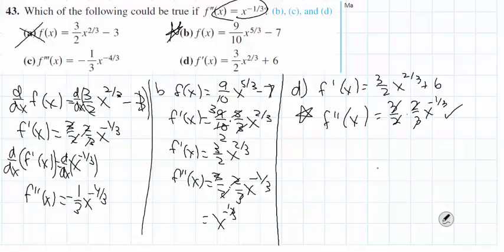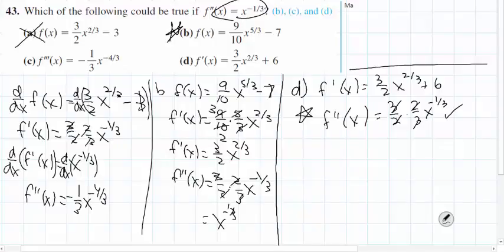Is C consistent with f double prime being this? Well, in this case, I want to go from a double prime to a triple prime. I'm going to start with what their answer is, and I'm going to take the derivative, and I'll get f triple prime of x is equal to, bring the power down, reduce the power by 1, 4/3, and then I say, is that consistent with answer C?